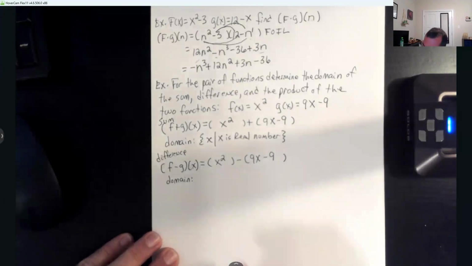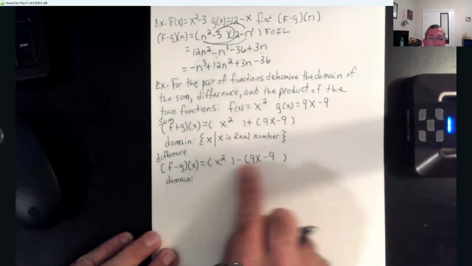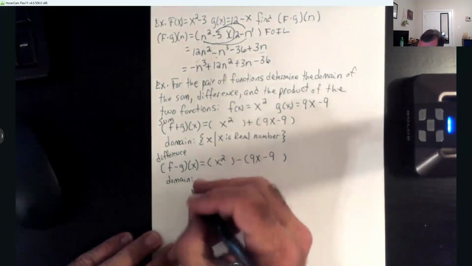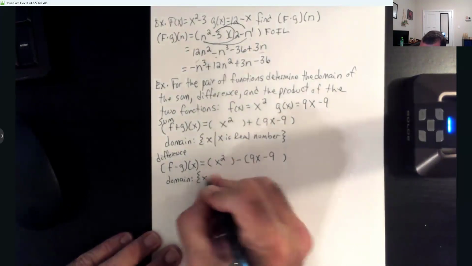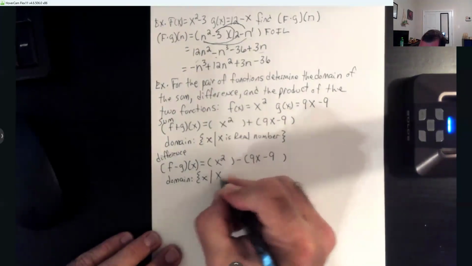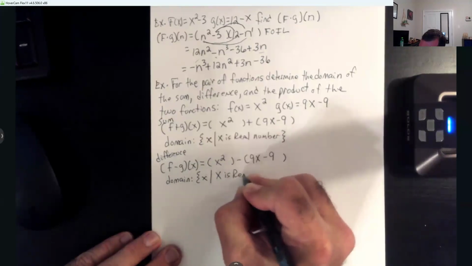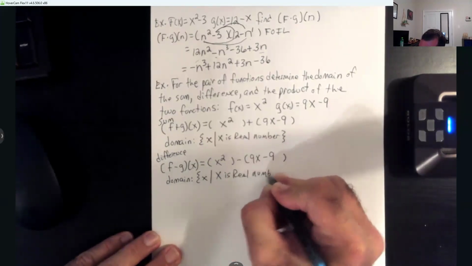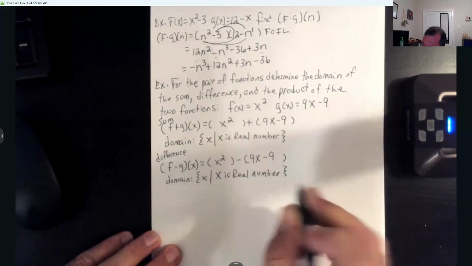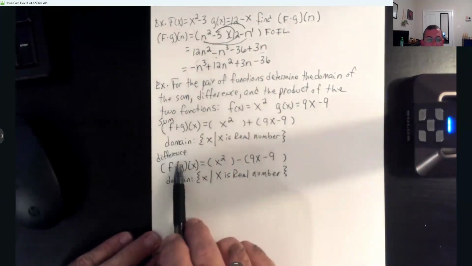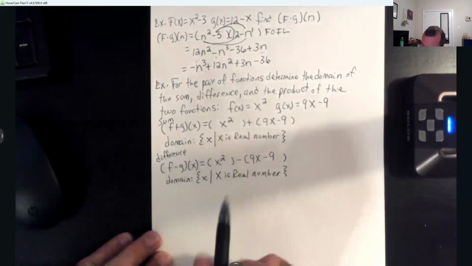Oh, what we got? Real, that's it, y'all, real numbers. There's still no fractions here. So since there's no fractions, x such that x is a real number. You'll notice adding and subtracting usually have the same domains.